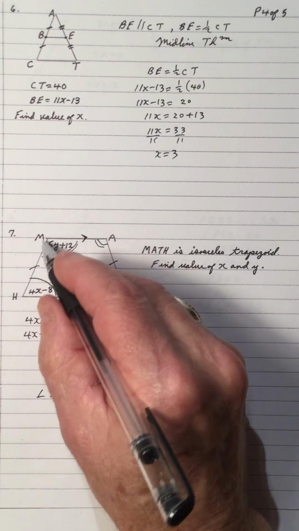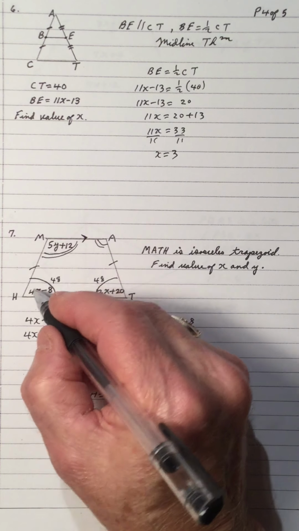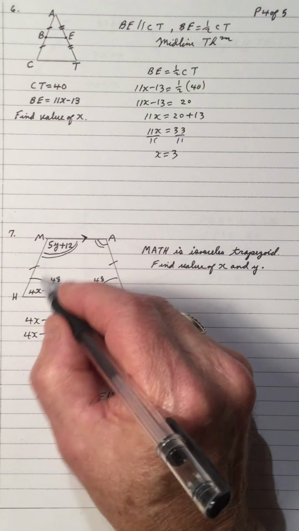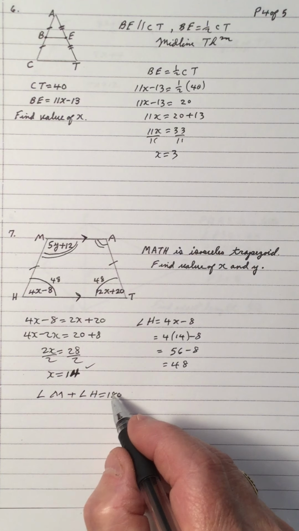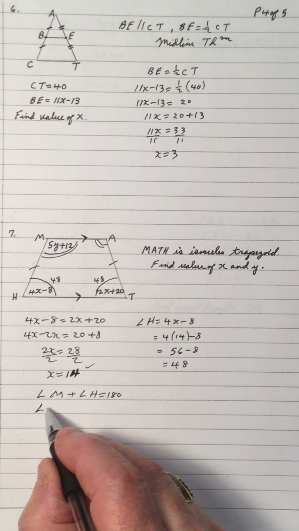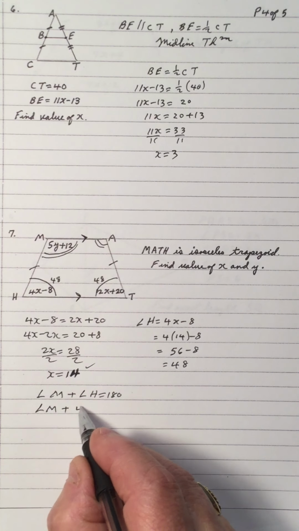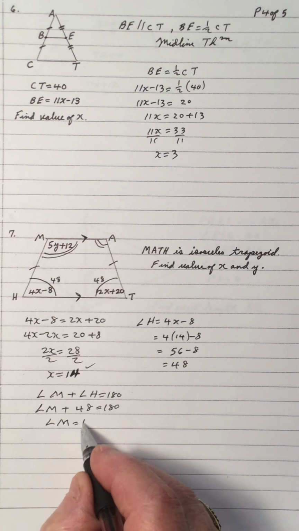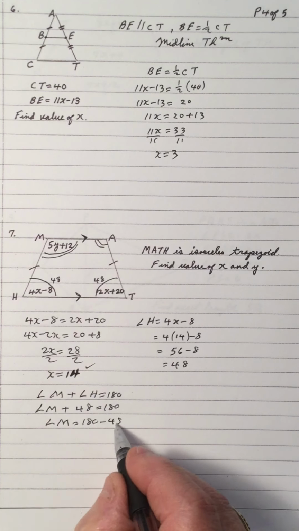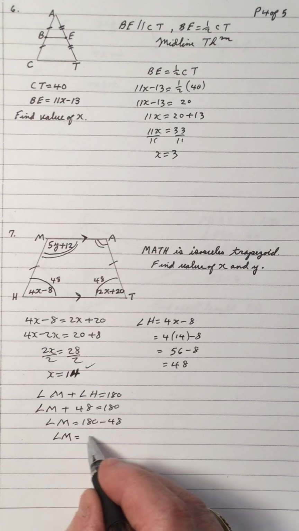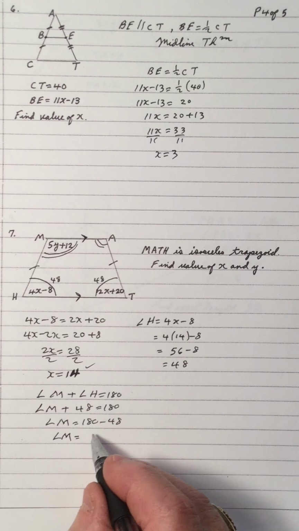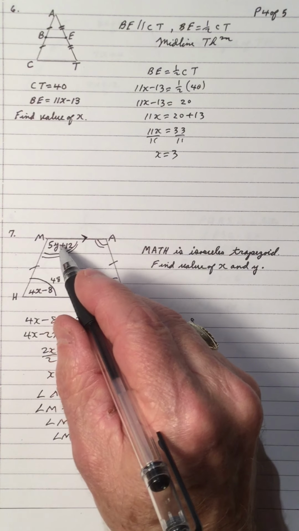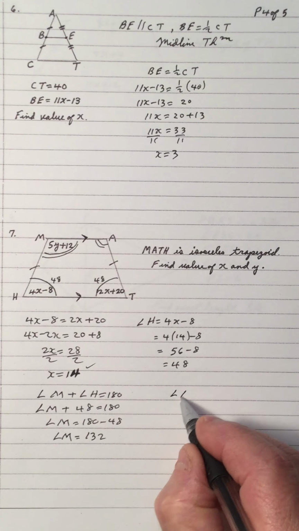That means these same side interior angles are supplementary, or the consecutive angles of an isosceles trapezoid are supplementary. They add up to 180. So angle H is equal to 48. So angle M is 180 minus 48, and that adds up to 132.